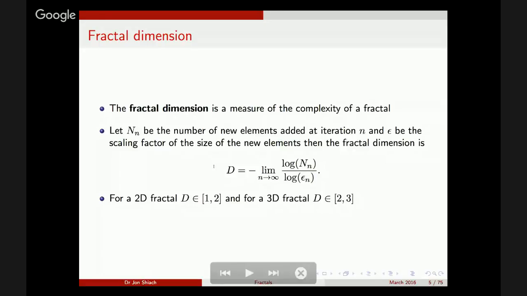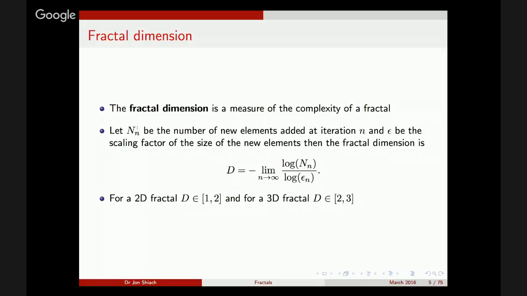So just for a moment, let big N be the number of new elements that are added at iteration little n. So big N is simply the number of new elements. And we're going to say epsilon is the scaling factor of those new elements. So what's the size of those new elements compared to the ones which are already there?